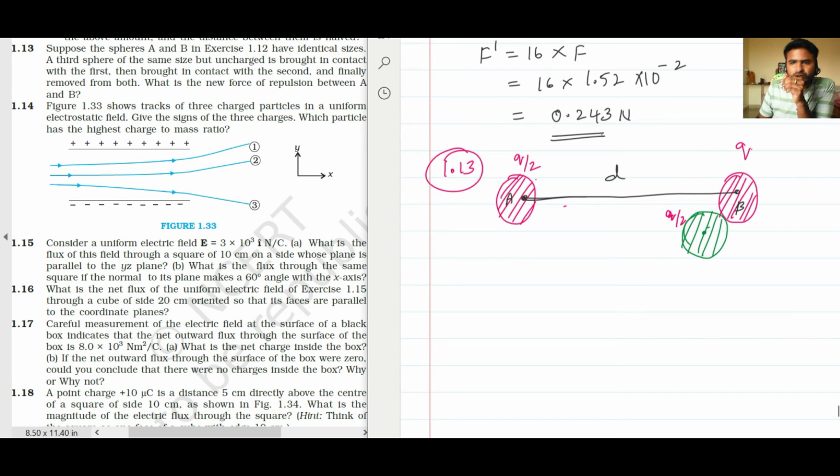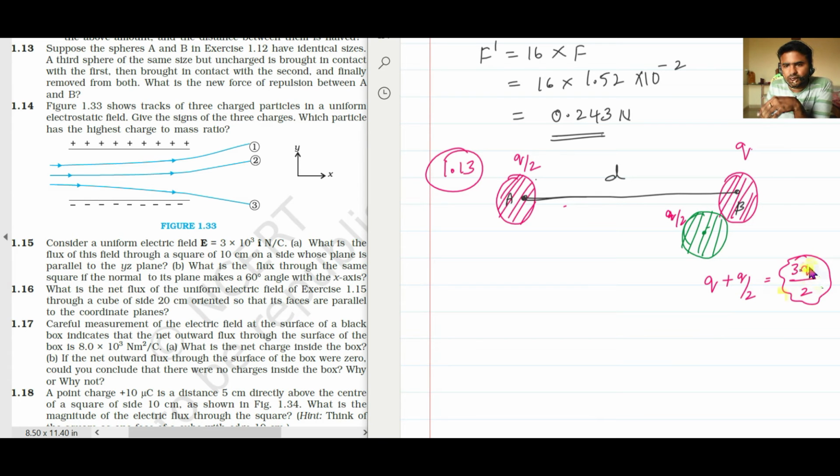Now the total charge is q plus q by 2, which is 3q by 2. This combined charge in both B and this sphere is 3q by 2, and that will now get equally distributed.